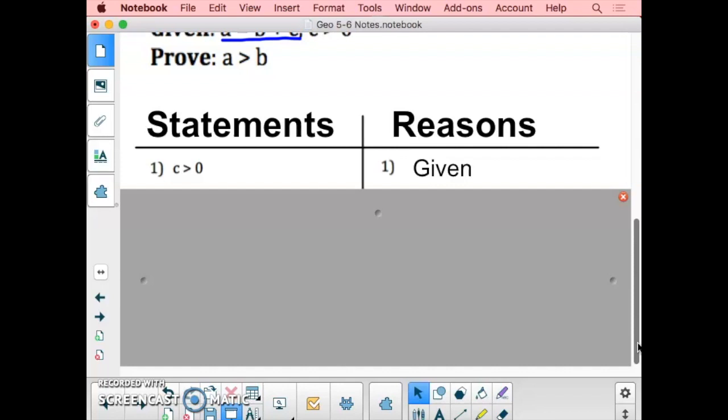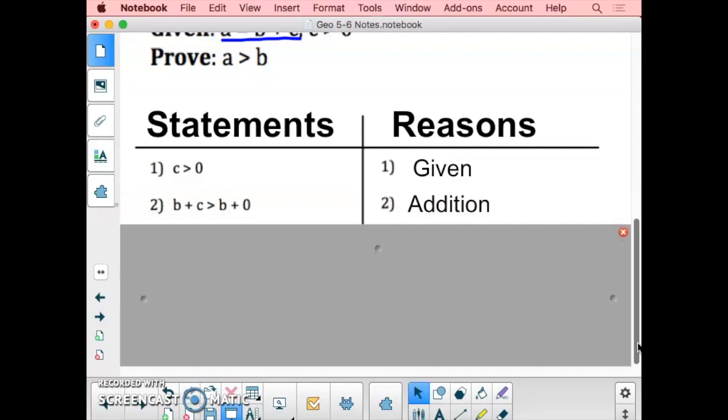So if we know C is positive, then we can add on B to both sides. I know that B plus C will be greater than B plus 0. Since C is positive, I know that B plus 0 is smaller than B plus C, since I'm adding instead of subtracting. So that's just adding B to both sides.